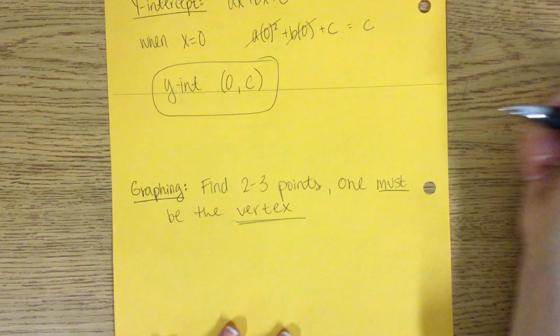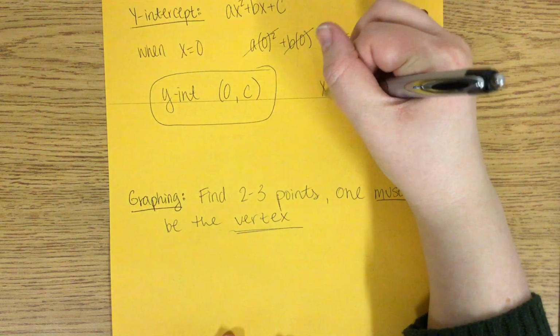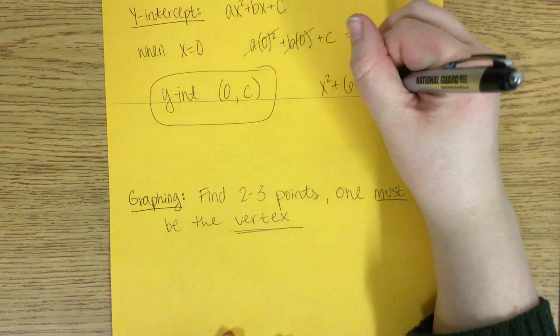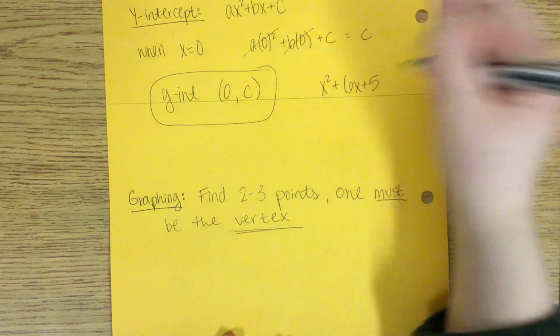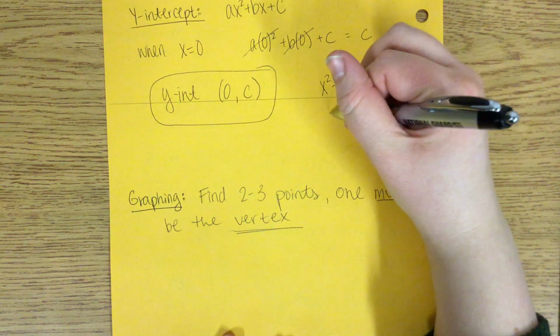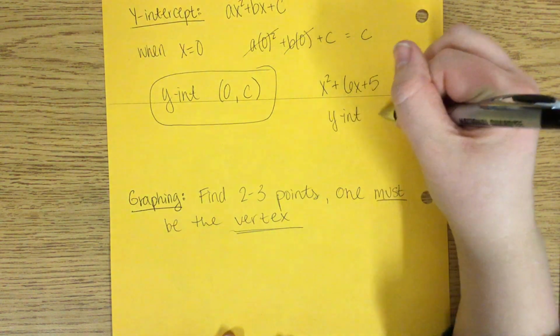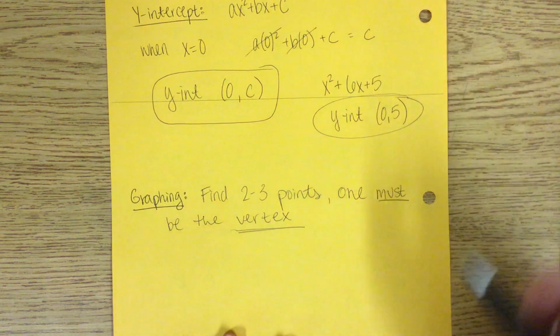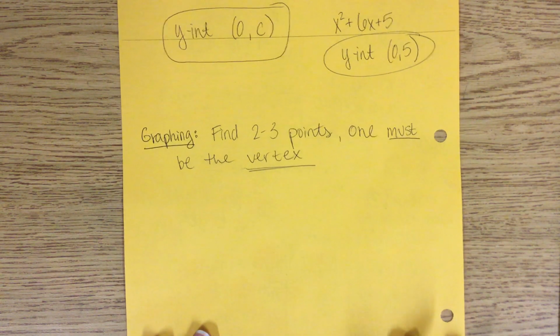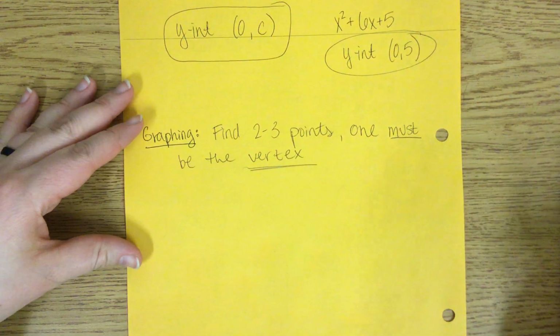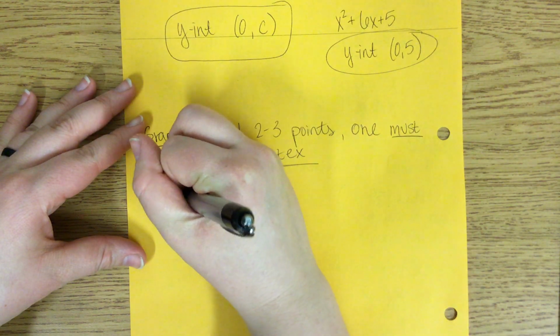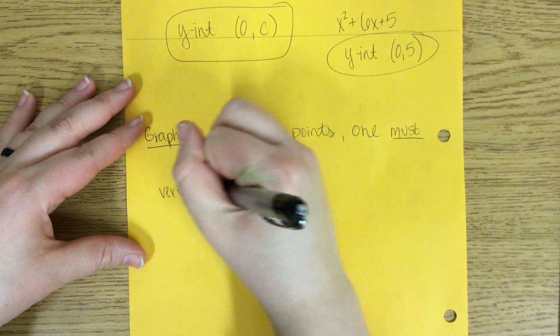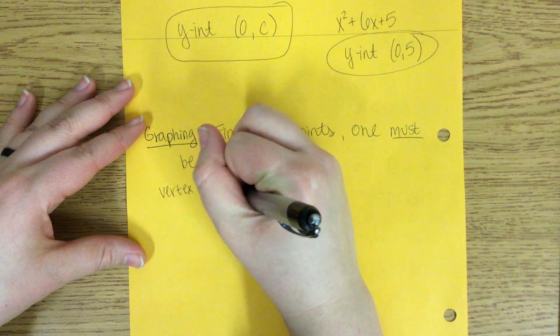You know what? Let's do a quick example up here for the y-intercept. If I have my x squared plus 6x plus 5, if I plug in 0, my y-intercept would be 0, comma 5. That's going to be our example for graphing. So let's say you have the vertex plus 1 point.